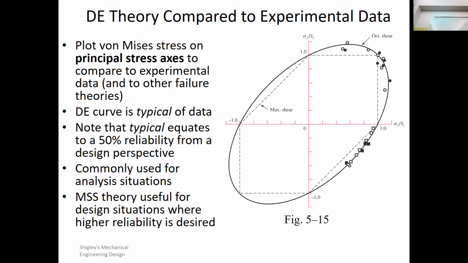So when I'm doing these failure theories, I'm looking at two axes. What are these axes? These are principal stress axis. You are looking at the two non-zero principal stresses. This is where Mohr circle comes in handy. Because if you want to know whether your part is going to fail or not, I want to find sigma 1 and sigma 2 or sigma A and sigma B, the two non-zero principal stresses, and plot them here on this chart.